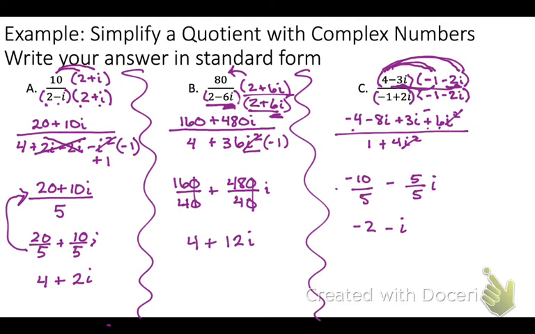Okay, hang on. You got -4, -8i, plus 3i, plus 6i squared. And I got -4. So I put a plus 8 and I meant to put a -8. Plus 3i minus 6. It should be plus 6i squared, because you have a negative times a negative.